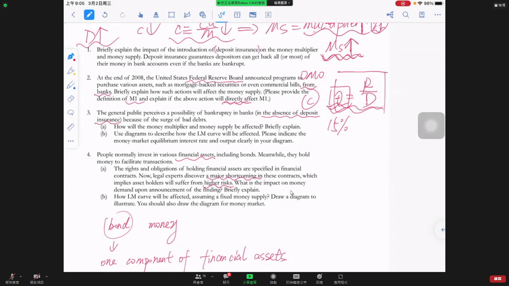So it was a policy target. The central bank can set this target. They have two ways to affect the money supply, either by OMO, or they can change the policy target. They can change this required reserve ratio.